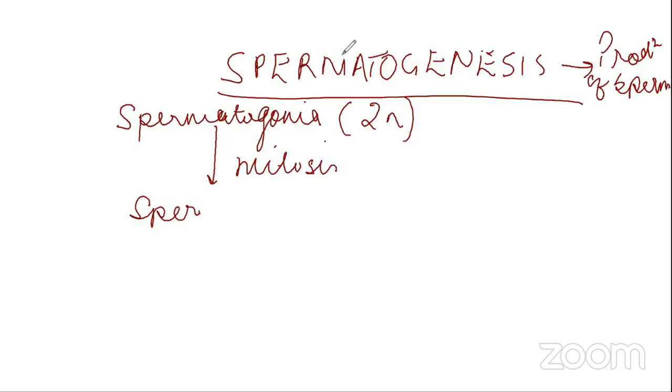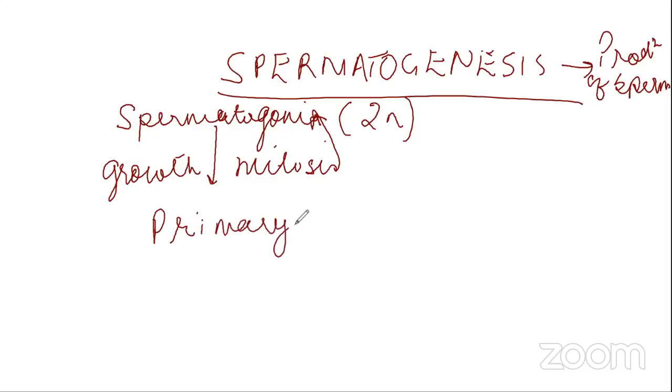You can just simply write mitosis and more number of spermatogonia produced. Now, at the same time, they undergo growth. So they increase their number, divide by mitosis, undergo growth, and now they are called primary spermatocytes. So some of the spermatogonia are called primary spermatocytes, the ones which show growth. You understanding? Primary spermatocyte.